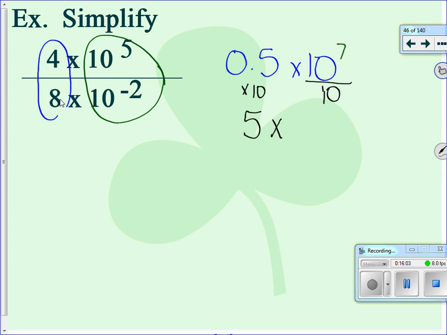So what's 10 to the 7th divided by 10 to the 1st? What? Yeah. So this one got 10 times as big, and to keep it the same, I had to make this 10 times smaller, because it's the same number. Okay, it's like I borrowed $10 from you and then I had to give it back.